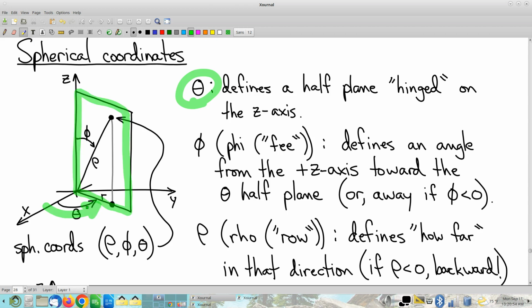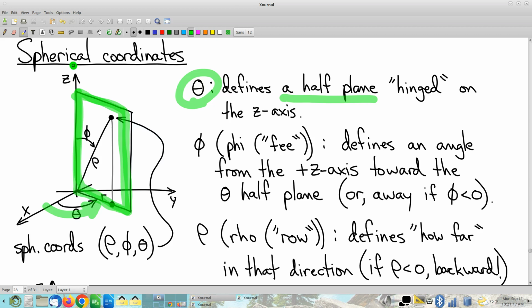It's this angle here, measured from the positive part of the x-axis going counterclockwise. Again, just like in cylindrical coordinates. I want to point out that you can think of this, and I suggest you should think of this, as defining a half plane, as I have drawn here.